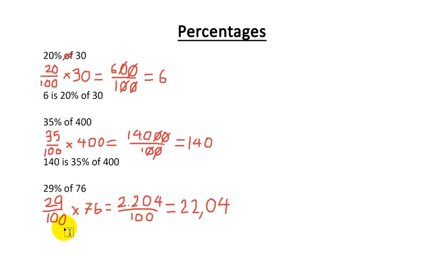So, in this case, my answer needs to be that 22.04 is 29% of 76. So as you can see, it might get a little tricky, but this formula still helped us out. Turn the percentage into a fraction and then multiply it by the whole.